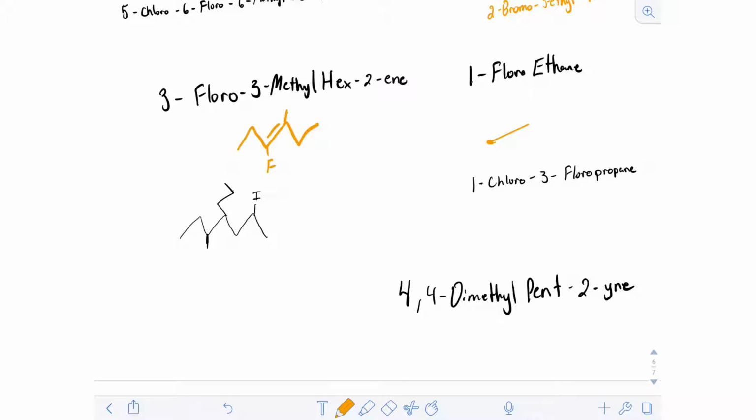Should look like so. Just carbon with the fluorine on it, straight line, 2 carbons. And then down here for our 1-chloro, 3-fluoropropane. Just like that.